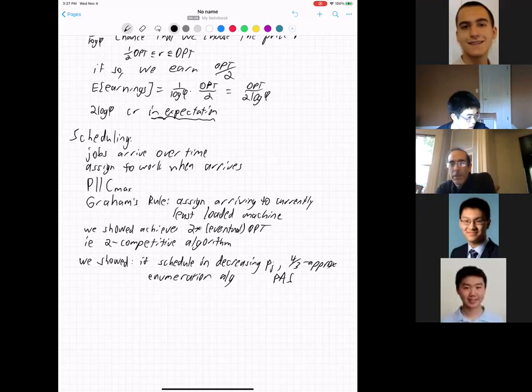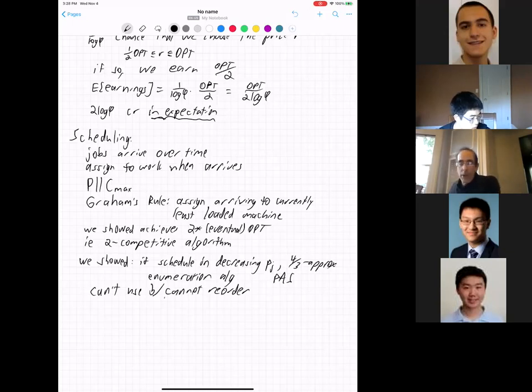I guess an adversary could give you jobs in ascending order. That's right. I can't control the order, right? So I can't use these because I cannot reorder the jobs, right? I can't schedule in order of decreasing processing time, because that's not the order in which they arrive, right?